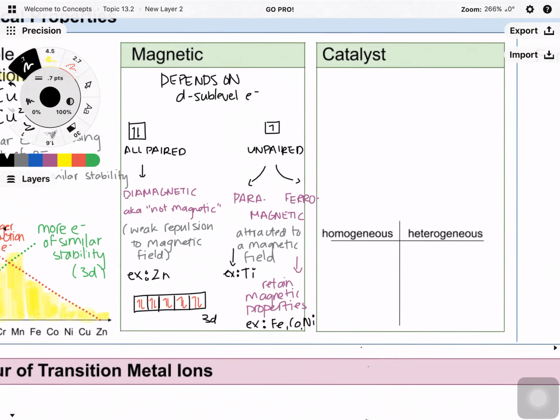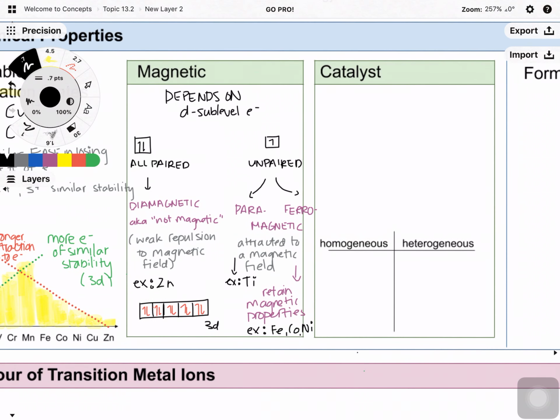So again, the substance's ability to be attracted to a magnetic field depends on d sublevel electrons. If the d sublevel electrons are all paired, so in each orbital there are 2 electrons, we consider the substance to be diamagnetic. It's not magnetic, and it actually shows a weak repulsion to a magnetic field. An example is zinc.